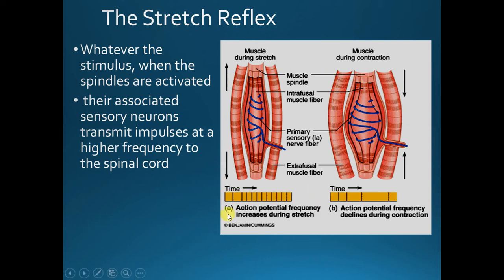This figure shows action potential frequency increasing during stretch, and in B, action potential frequency declining during contraction. Type A in the figure shows the muscle during stretch and the muscle during contraction.